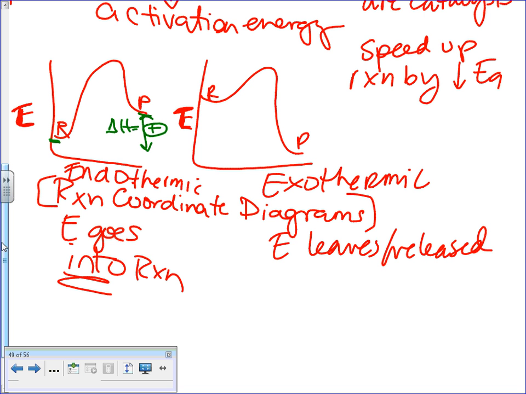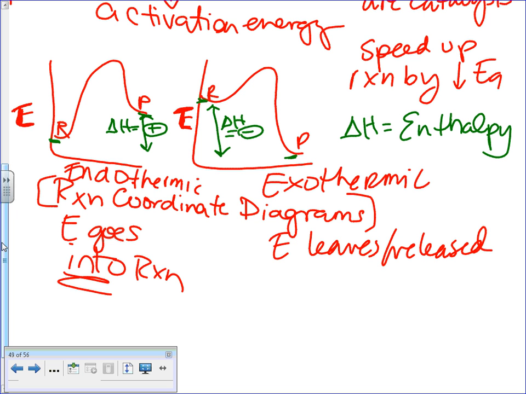Opposite, the reactants are losing energy down to this state, so you can see the difference in energy is about yay big. That delta H is, guess what, negative, because it is losing energy. It's emitting. It's being subtracted from the reaction. So those delta H's that you just labeled, that's called enthalpy of reaction.